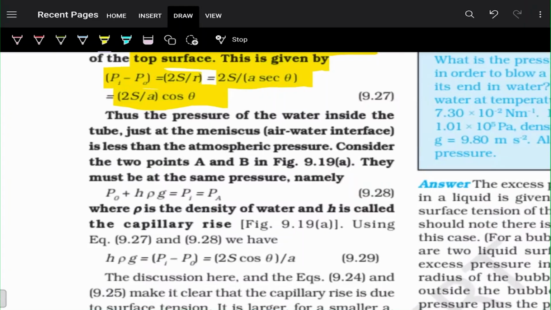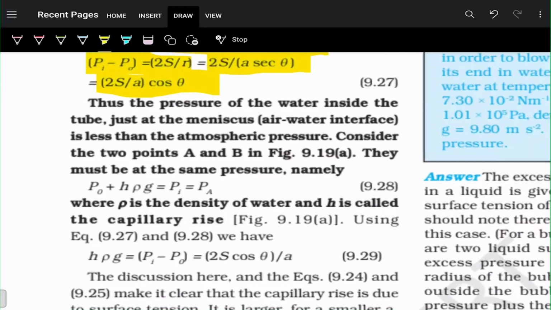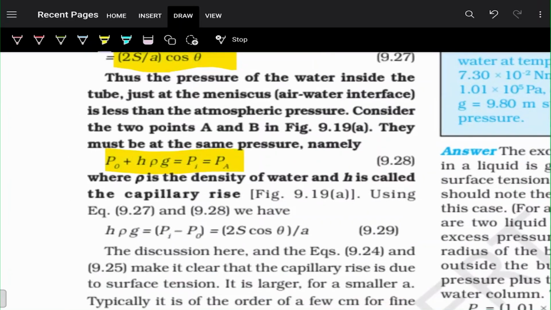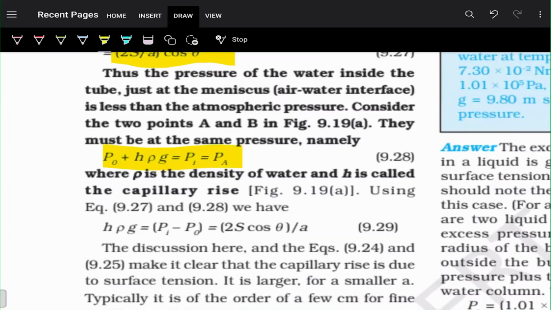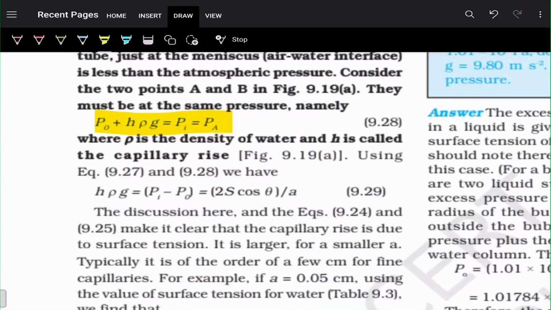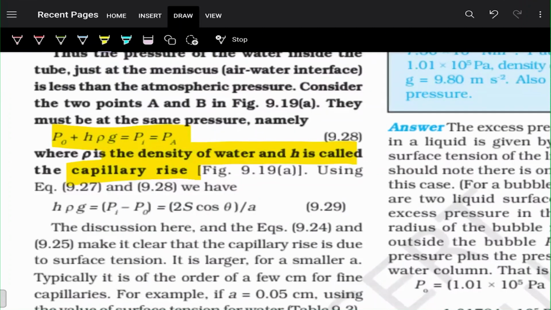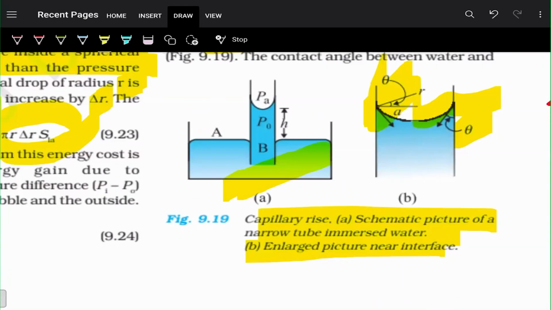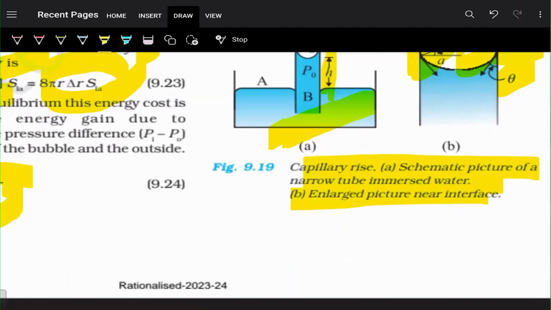So considering points A and B, we can say P naught minus h rho g is equal to P inside, where P naught is atmospheric pressure, rho is the density of water and h is called the capillary rise. ഇവിടെ excess pressure ആണ് h rho g. So h rho g is equal to 2S cos theta by a.